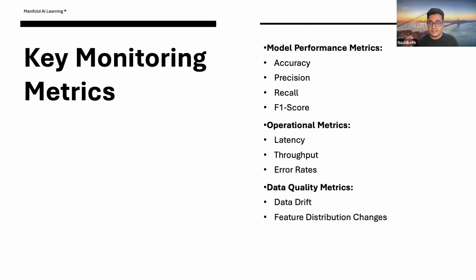I can add those additional metrics, and we'll be monitoring them for both input and output whenever we are working with generative AI projects. So to recap, if we want to monitor machine learning projects, we have to think about monitoring from all three angles: model performance metrics, operational metrics, and data quality metrics.